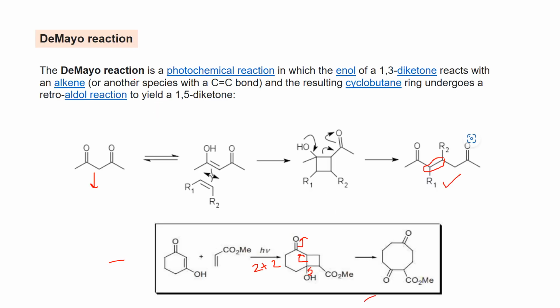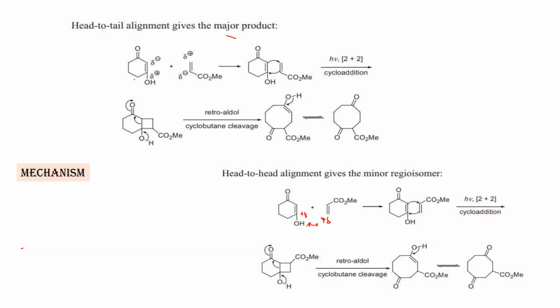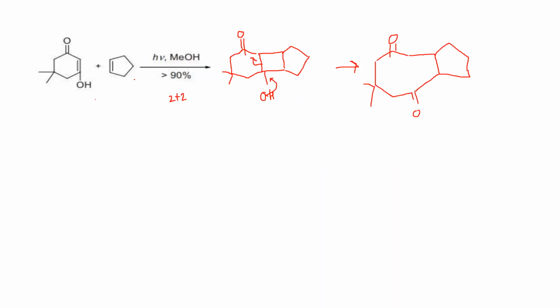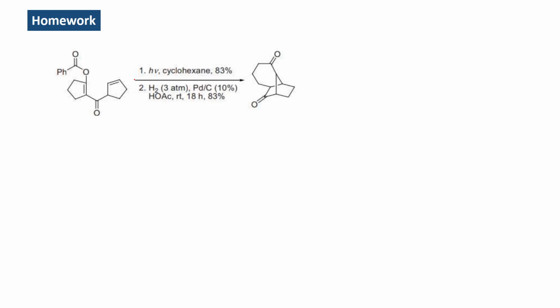Then one important name reaction, the De Mayo reaction, which has been discussed in our assignments multiple times, and how we can determine the product. This is basically a combination of a 2+2 cycloaddition and a retro-aldol reaction. Then we discussed one question from there, and I have given one question as homework so that you can try to get an idea.